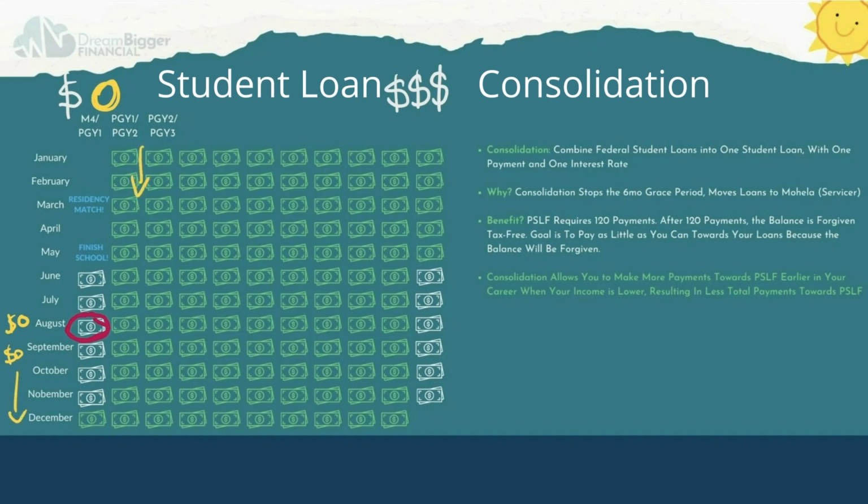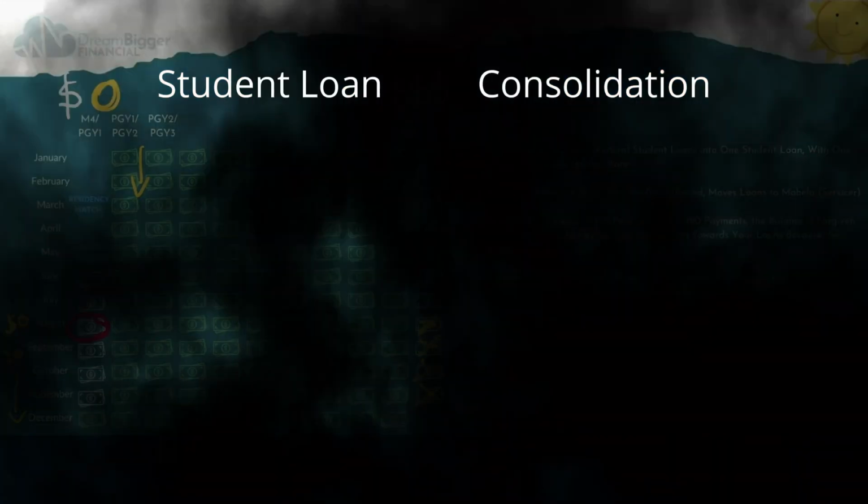So why we want to consider consolidating earlier is we get the opportunity to make more payments into public service loan forgiveness when our income is less, and towards the end of public service loan forgiveness, when our income is higher, we have that many less payments to make.